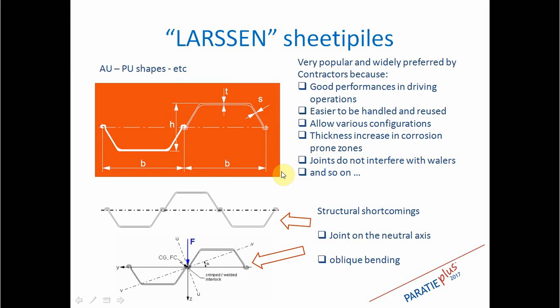Let's first take a look at the most popular case, which arises when using Larsen sheet piles. Larsen sheet piles are very popular, and one of the most used steel sheet piles worldwide, because it was one of the initially proposed walls, and is sometimes appreciated also by contractors because they are quite rigid during driving operations.